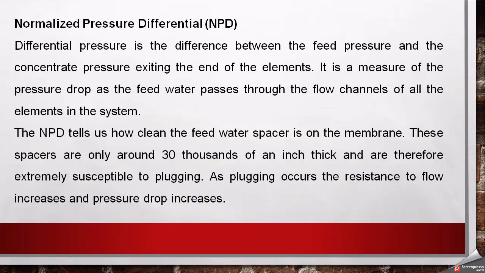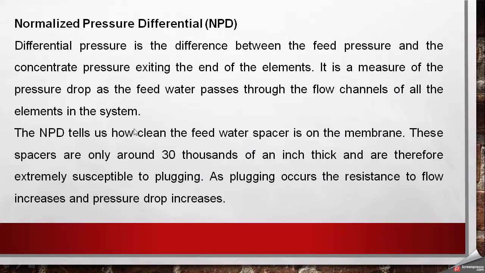This is the second parameter, and then the third parameter is normalized pressure differential, NPD, very famous. What is differential pressure? It is basically the difference between the feed pressure and the concentrate pressure exiting at the end of the element. It is a measure of the pressure drop as the feed water passes through a flow channel of all the elements in the system.